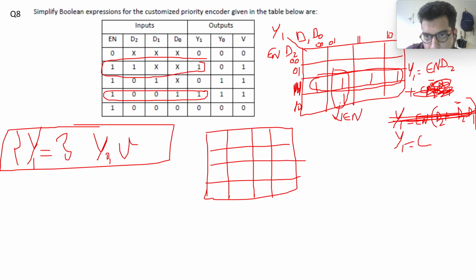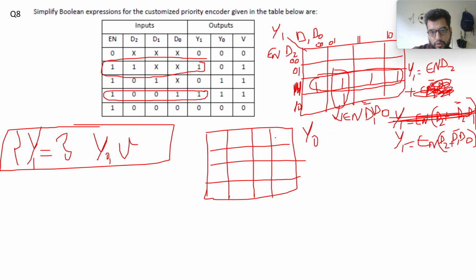So this is en. Then 0 1 is d1 bar d0. Yes. So y1 will be equal to en d2 plus d1 bar d0. I got confused because the term coming from this pair is en d1 bar d0. I just took d2 there, so it's en d1 bar d0.